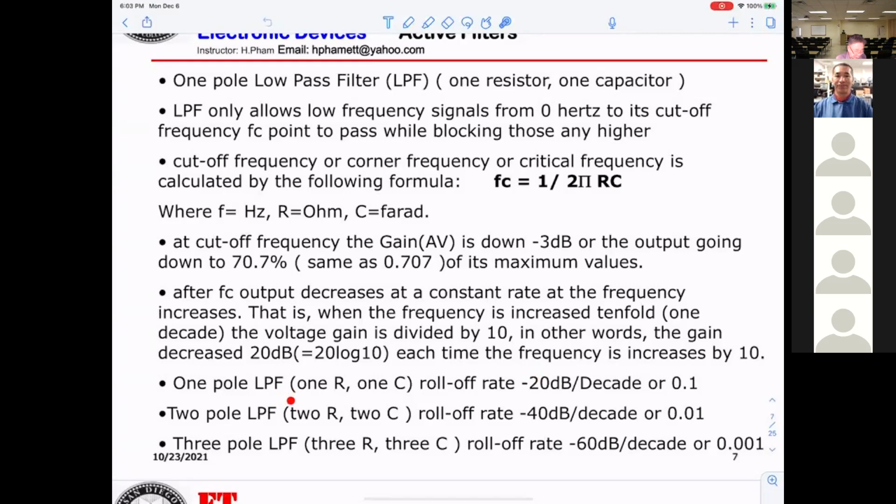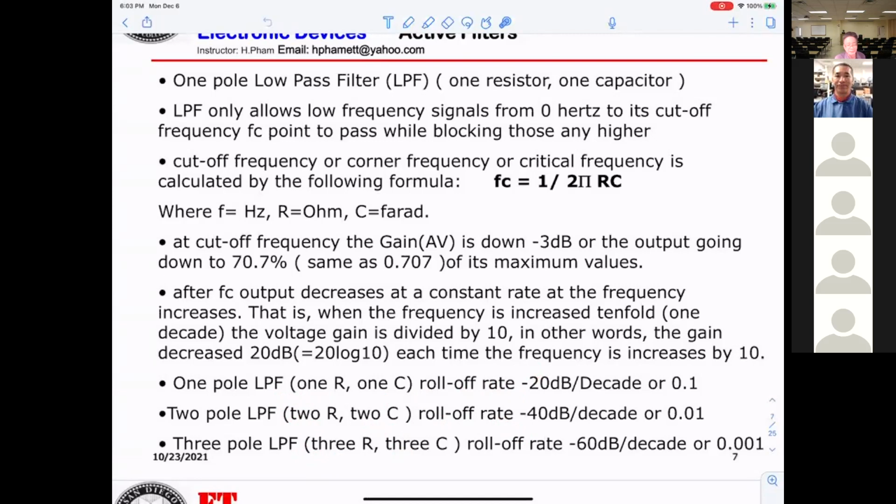For a 1 pole LPF, 1R, 1C, the roll-off rate is 20 dB per decade. 2 pole, 2R, 2C, the roll-off rate is 40 dB. And 3 pole, 3R, 3C, the roll-off rate is minus 60 dB.